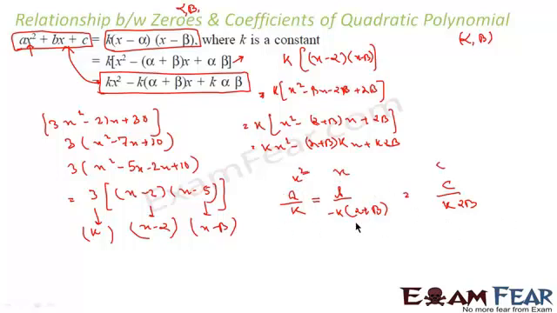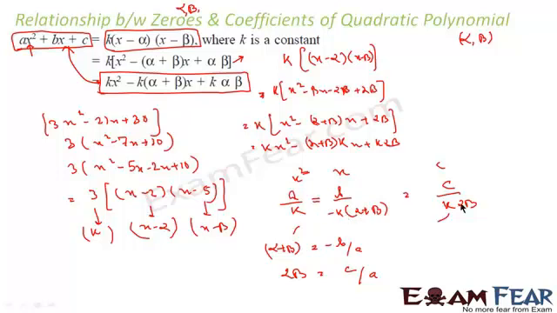So if you take these two, what we get is alpha plus beta is nothing but minus b by a, because k and k cancel. And if you take these two, this and this, what we'll get is alpha beta is c by a. Correct? If you take these two, k and k cancel, and you get alpha plus beta is equal to minus b by a.